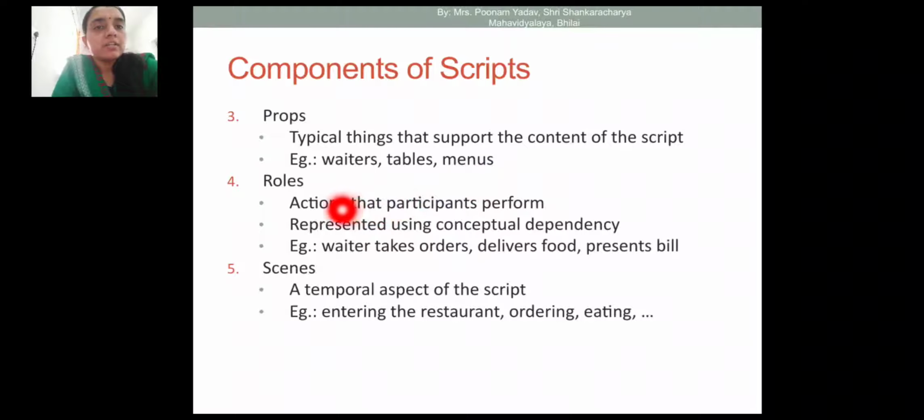Then roles are the actions performed by the participants, also represented using conceptual dependency, like the waiter takes the order, delivers food, presents the bill. Then scenes are the temporal aspects of the script.